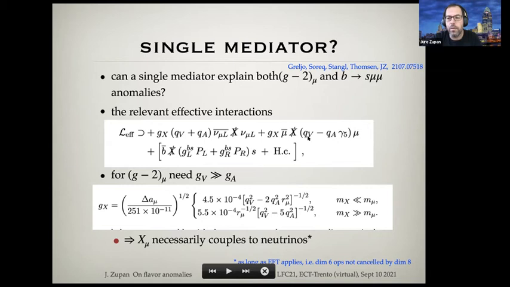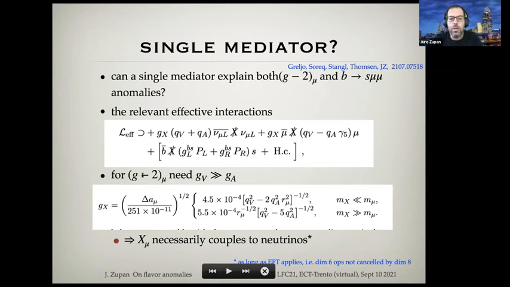If the vector and the axial are present, then the left-handed part of the muons will also have the muon neutrino, so the X will also couple to the muon neutrinos. And then let's switch on the flavor-changing B to S couplings, either the V minus A or the V plus A, so left-handed or right-handed currents.